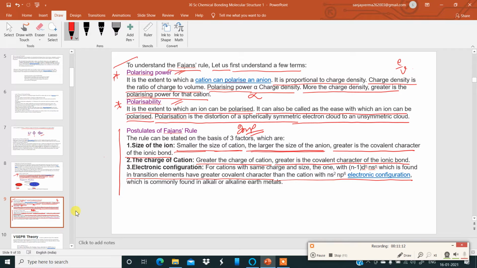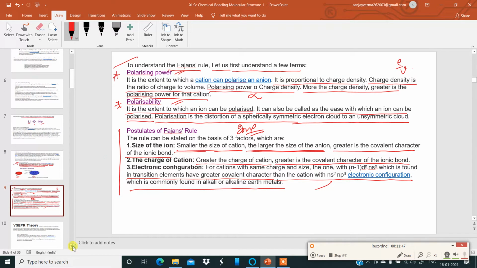That means the presence of d orbital electrons in cations gives them more polarizing power than those having ns2 and p electrons in their valence shell. So electronic configuration is also one of the factors in the postulates of Fajans' rule. This ns2 np6 configuration is generally found in alkali or alkaline earth metals.